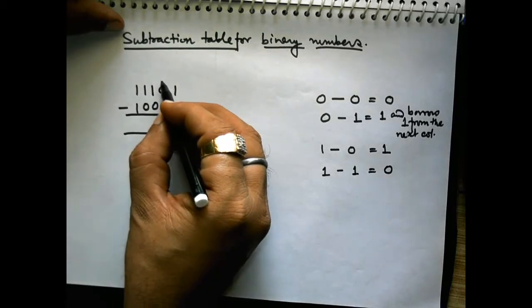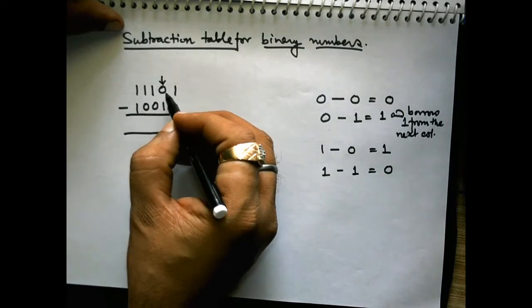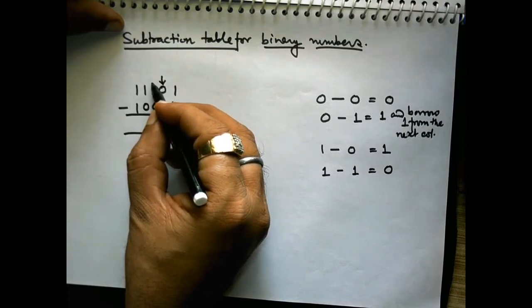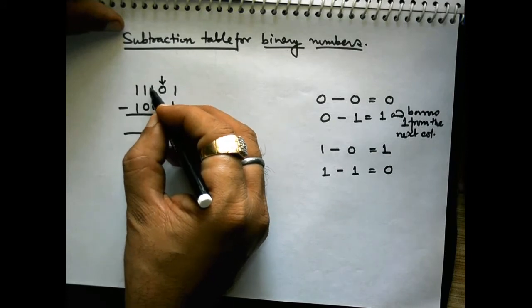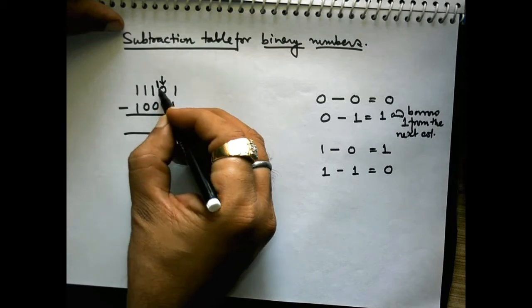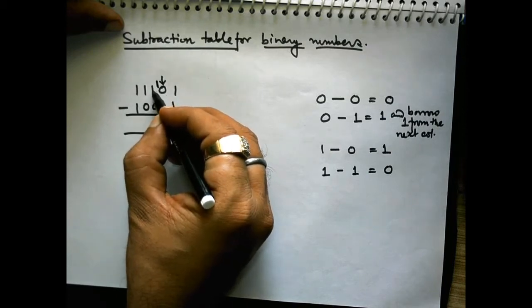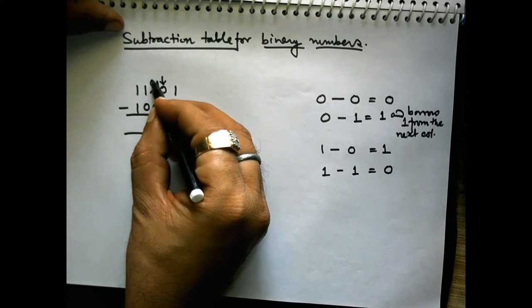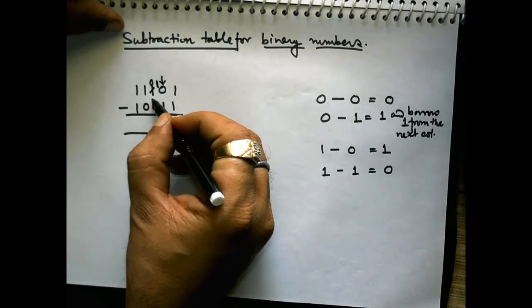But in the next column, 1 has to be subtracted from 0, so it needs a borrow from the next column, and this way it becomes 1 0, and by giving that amount the donor column reduces to 0.